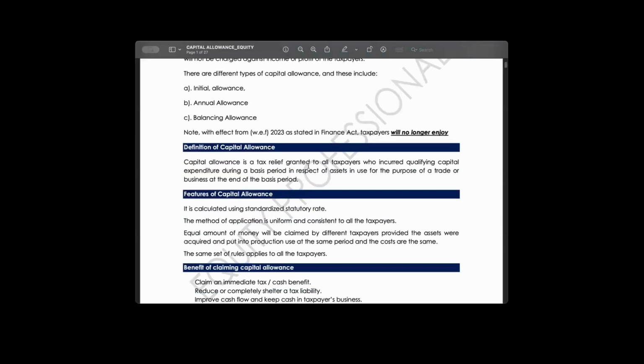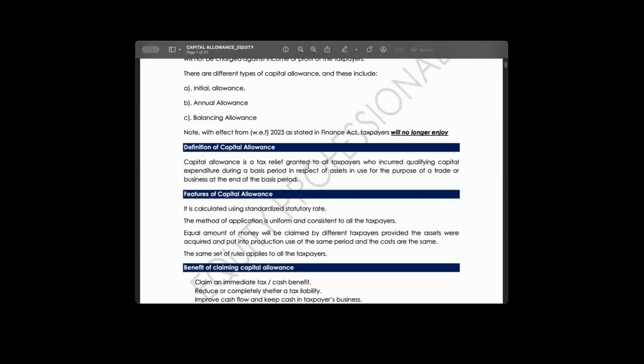We quickly move on to the next one, which is: what are the features of capital allowance? Number one feature is that capital allowance is based on the straight line method. When you're calculating your capital allowance, it is on the straight line method.